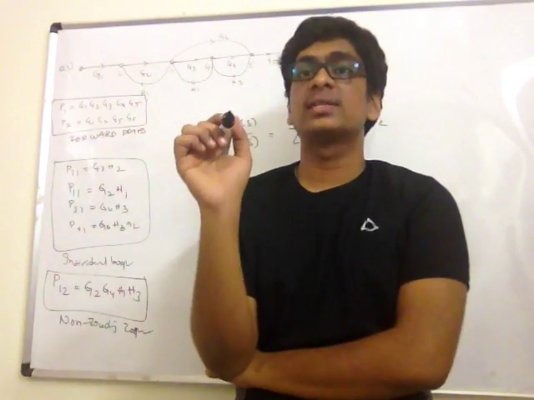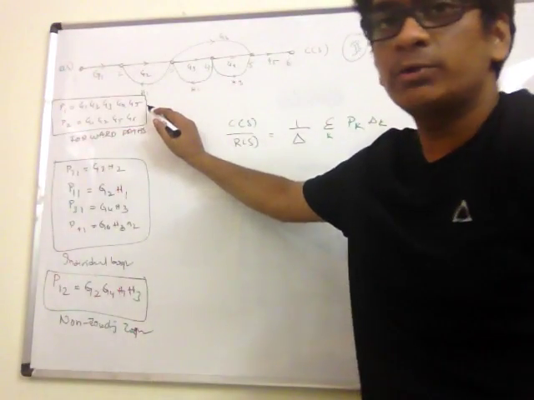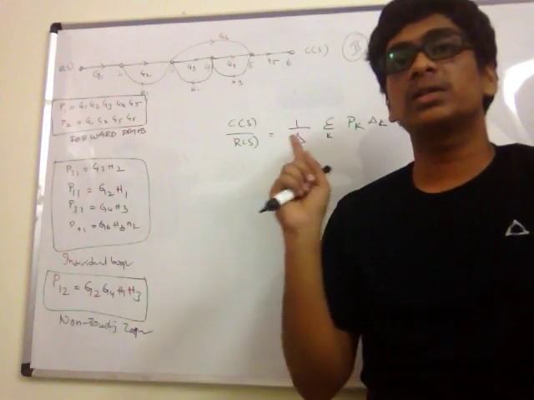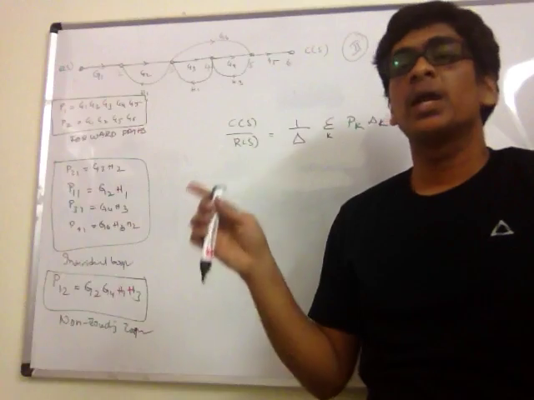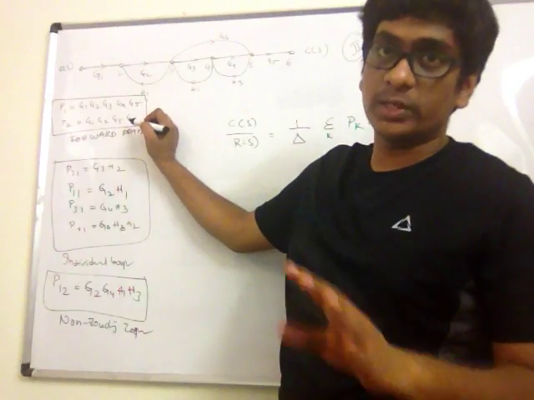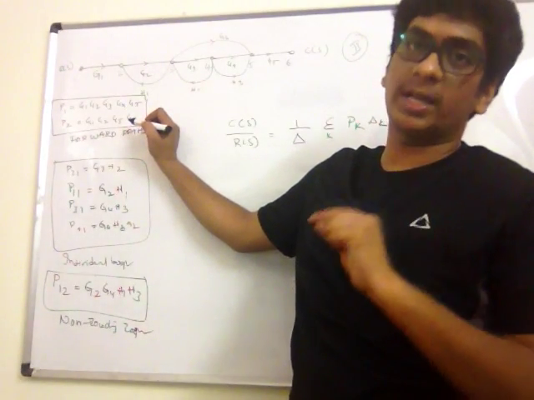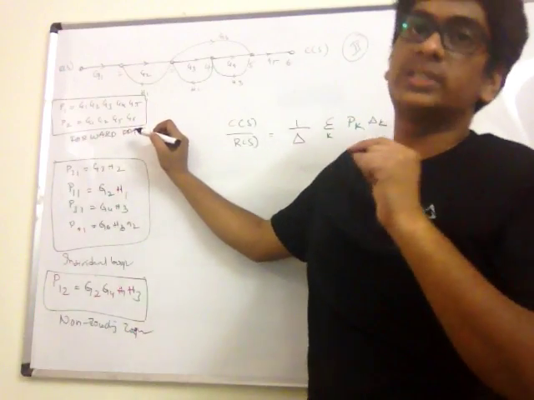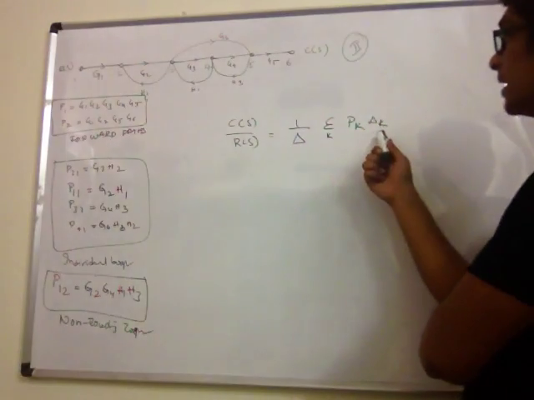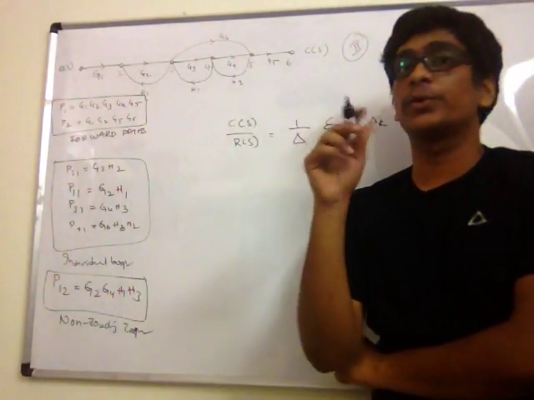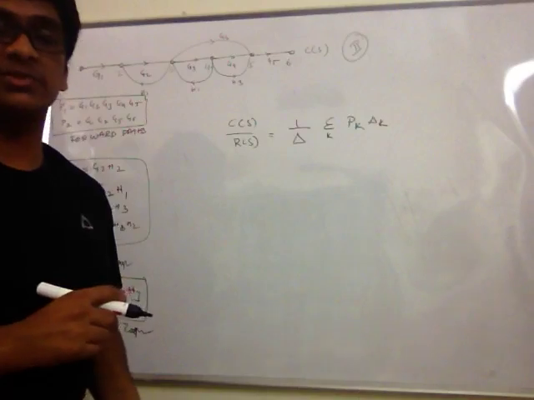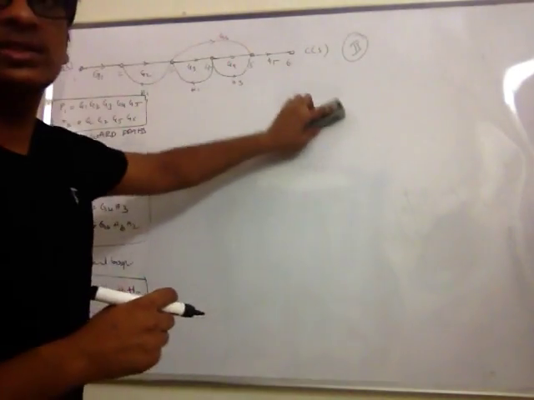But in our case, P1 and P2 we have already found out, which means this sigma has two things, which is P1 delta 1 and P2 delta 2. So that means P1 and P2 we have already found out, and delta 1 and delta 2 we are yet to find. And the value of delta is what we are going to find out in step 4. And delta 1 and delta 2 are also going to be found out in step 4. And once we are done with that, we can just put them all together in the Mason's gain formula.